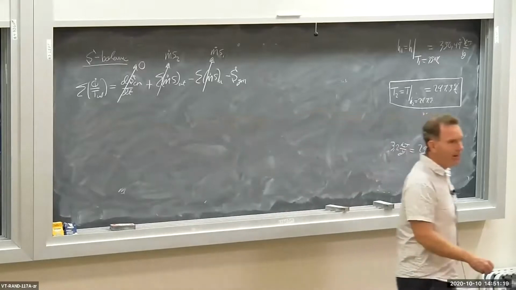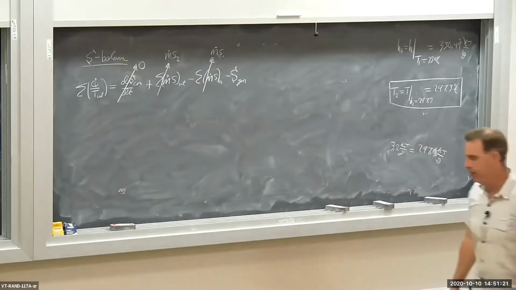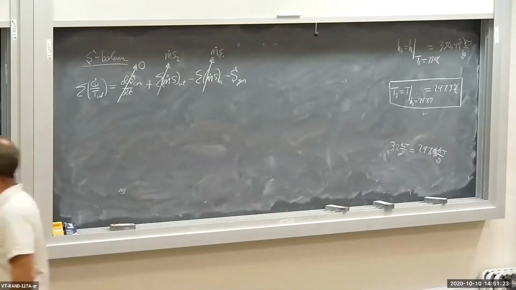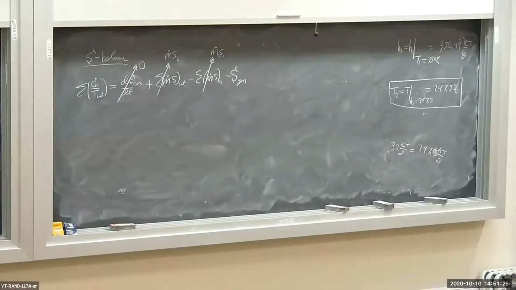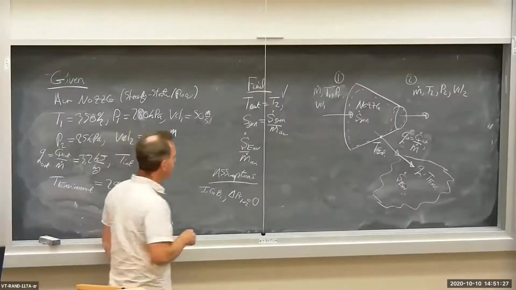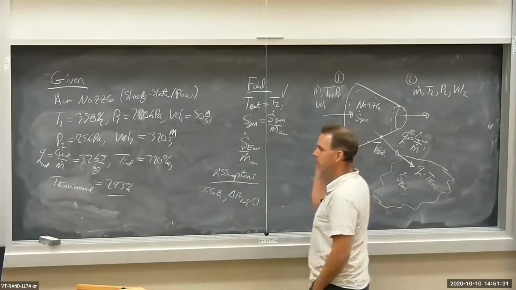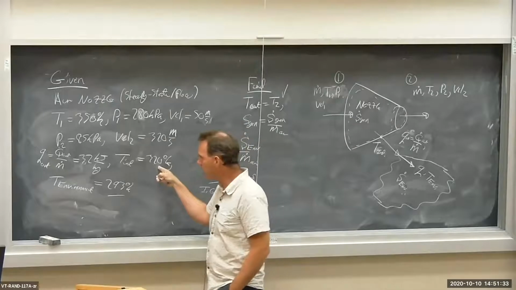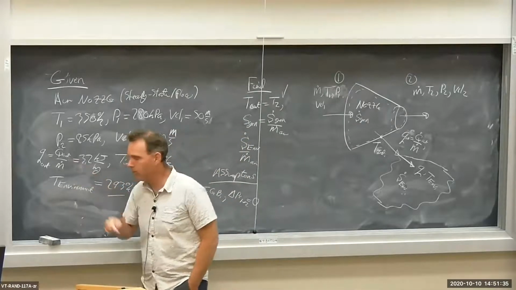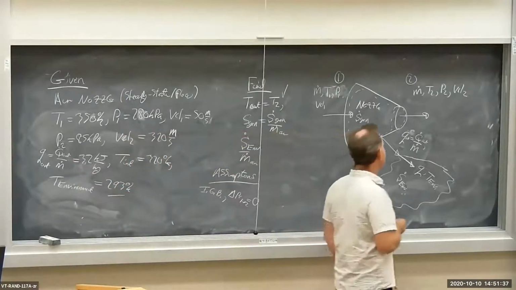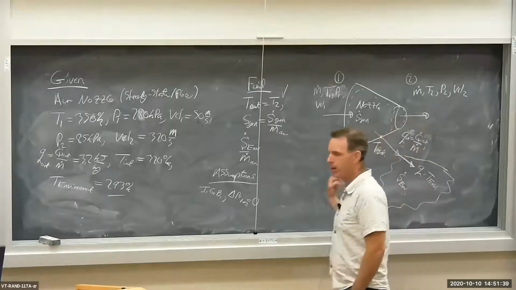How many heat interactions do I have? I have one, and I'm given an interaction temperature. In fact, it's 320 degrees, and I have a heat transfer per unit mass out of my control volume, my nozzle.